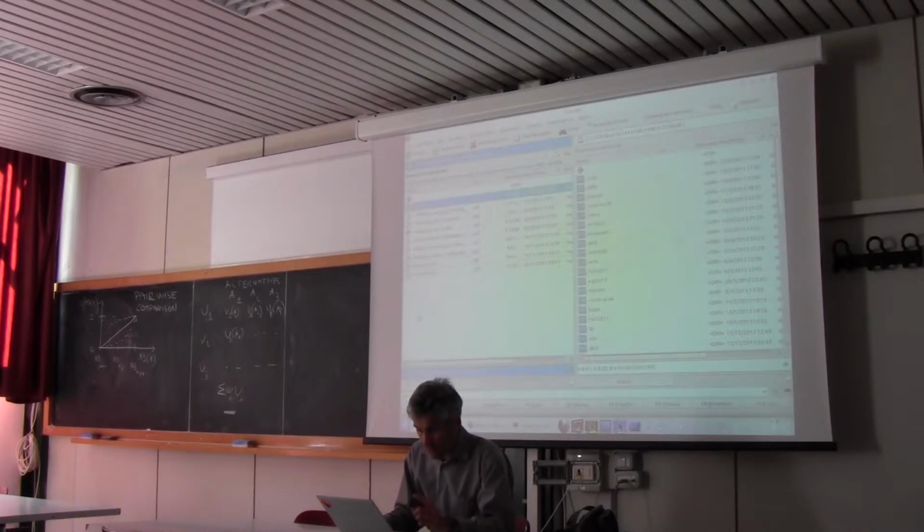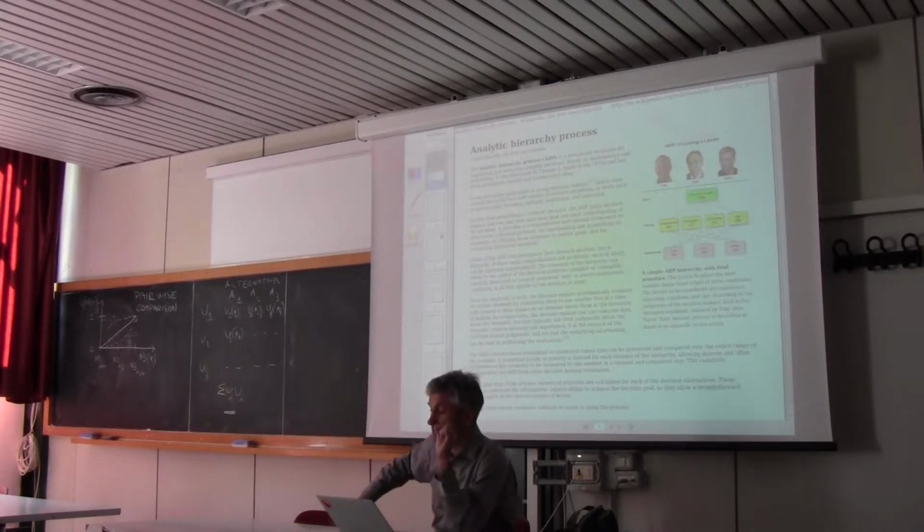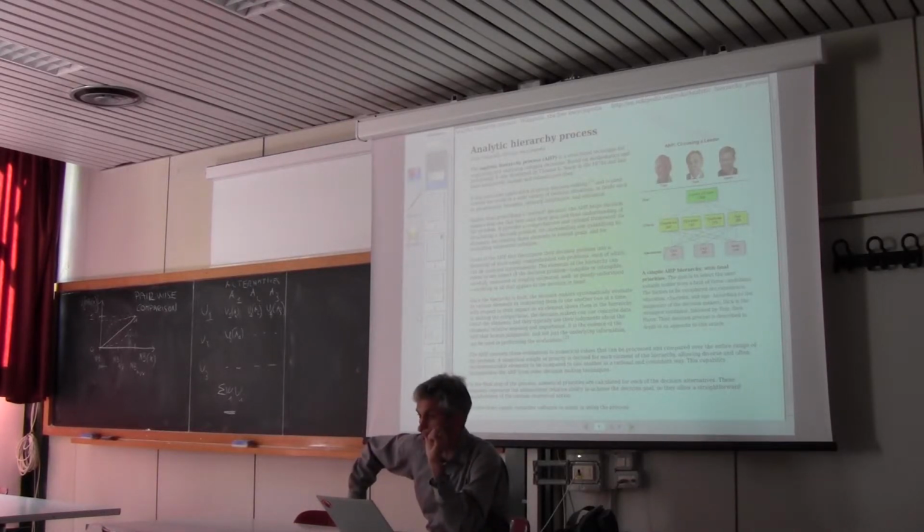Now let's turn instead to the real supporting material, and this is a printout from a Wikipedia page. Basically, if you look in Wikipedia, in English, for pairwise comparison, you get to this page, which you can download from my website, but it's in Wikipedia.